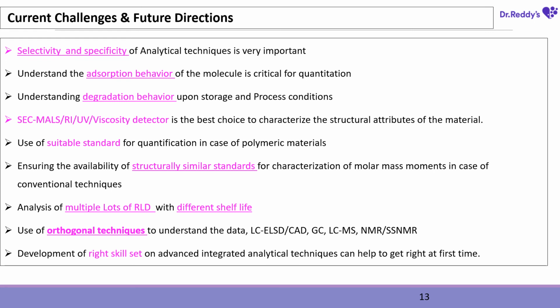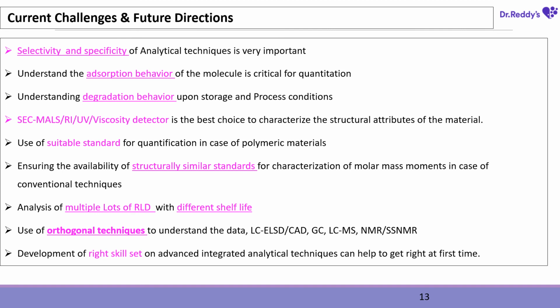It is important to use at least negative experiments to prove that the method is selective and specific to the analyte of interest. Also, the adsorption behavior of some excipients is important to understand for accurate quantification, and the degradation behavior is also very important to understand to compensate and get the actual original composition of the product.